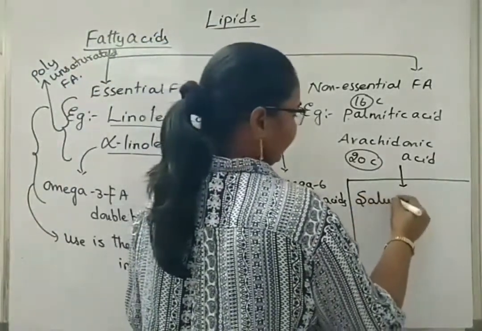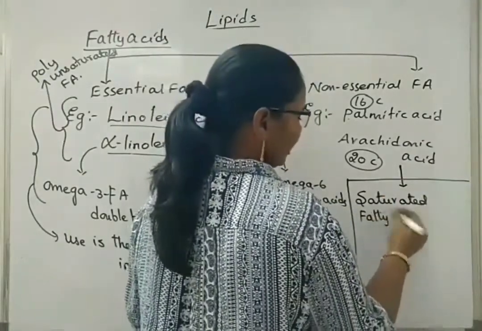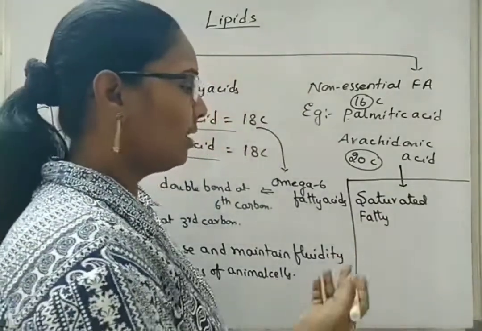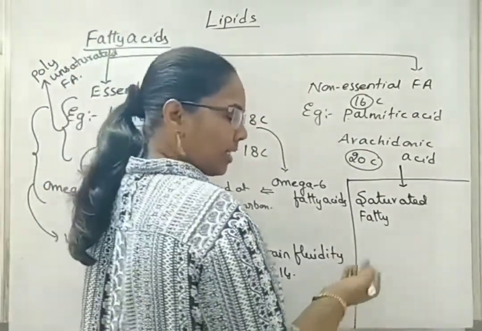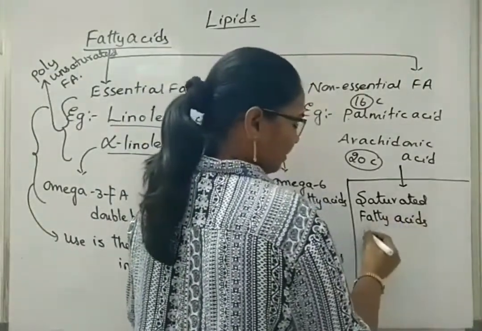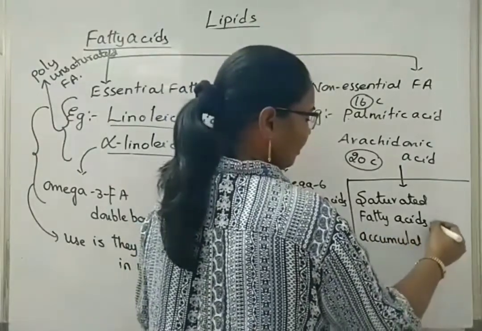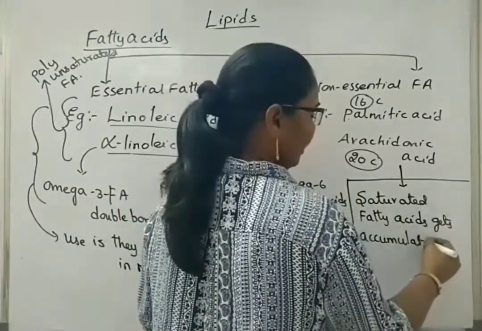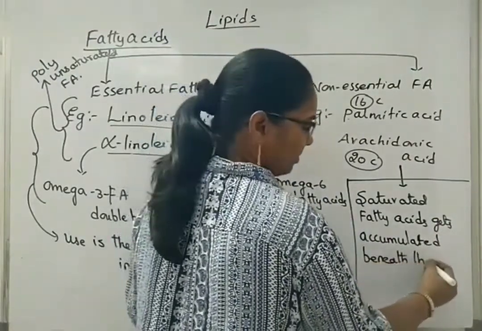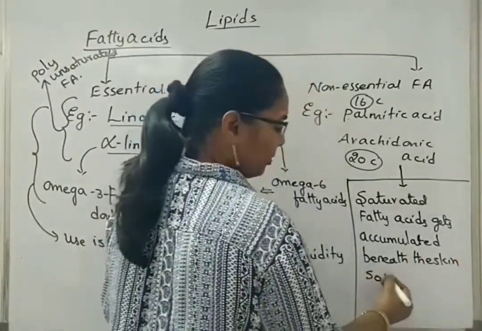So, according to chemistry, saturated fatty acids have single bonds, and unsaturated have double bonds. Saturated fatty acids get accumulated, we'll write, beneath the skin. So, not preferred for the animal body.